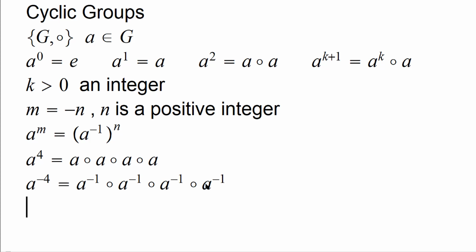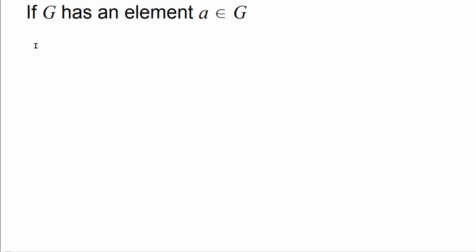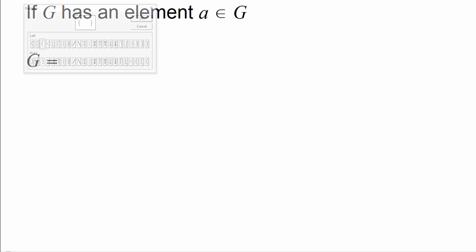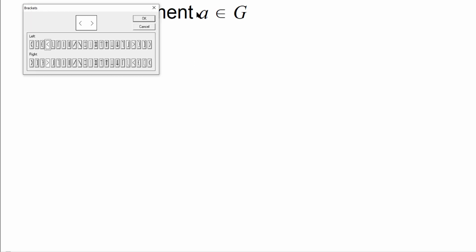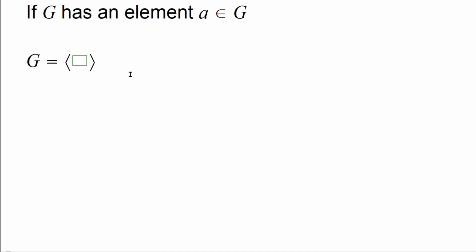Now, if it so happens that G has an element a such that the entire group G is described by the powers of a, for example, I have to see what notation the book uses, I'll check it later.